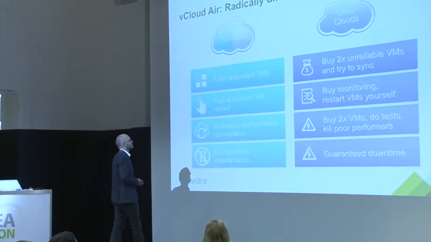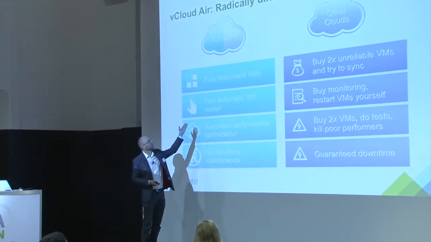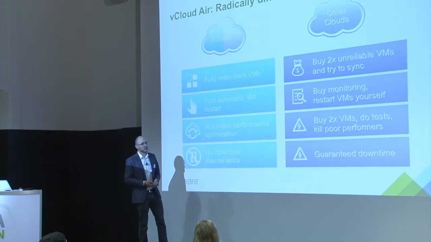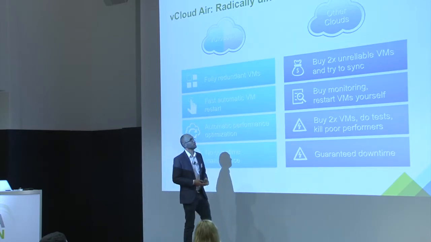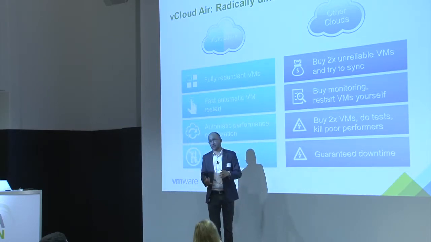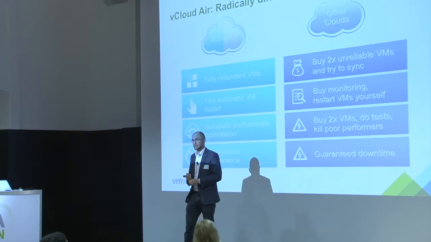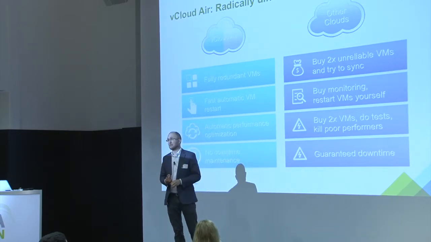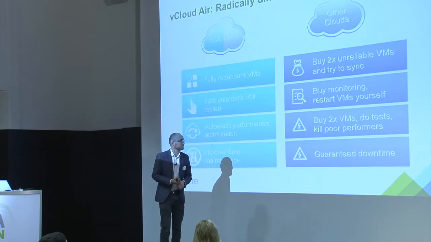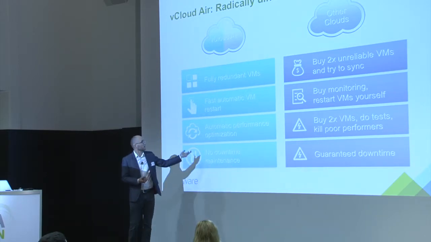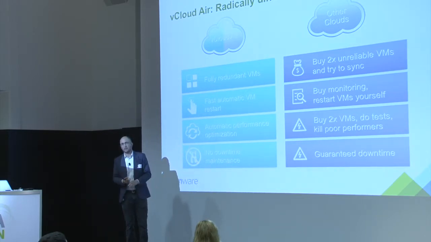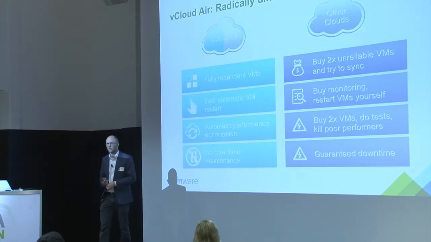If we look at what we can do with the virtual machines, we do fast automatic restarts if something goes down. With our competitors, you have to first find monitoring, monitor it yourself, and then do a manual restart. With vCloud, with vSphere as the foundation, we do automatic performance optimization. Now, what does that mean?